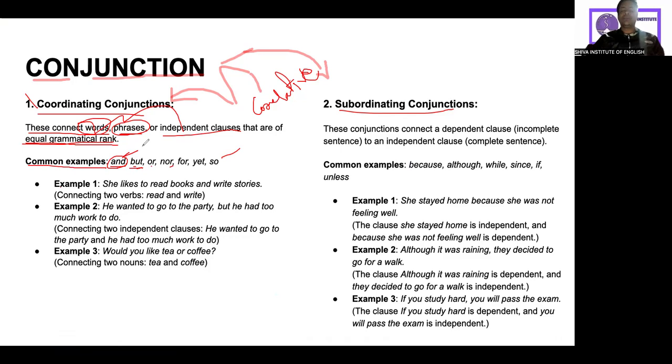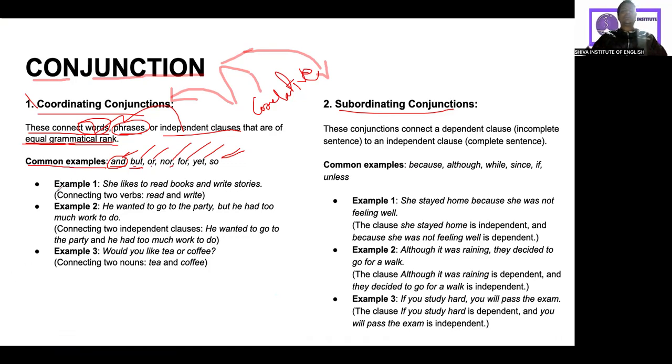And joins two same ideas. But joins two words or two phrases, but it contrasts, it opposes. Or gives choice, nor gives negative choice, for gives reason, yet obviously contrast, and so gives a reason, or you can say a conclusion.